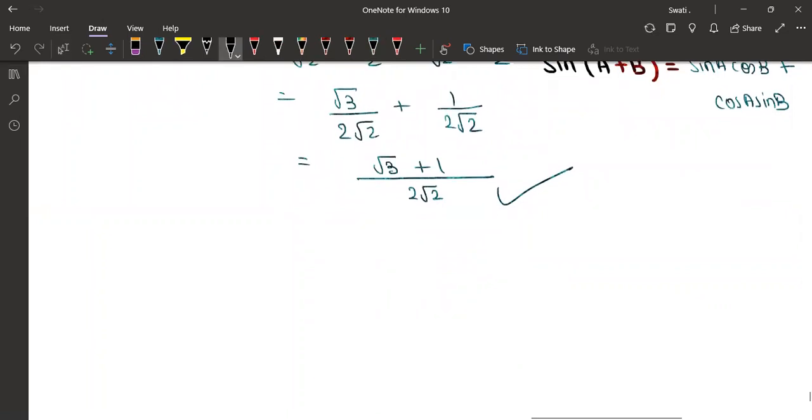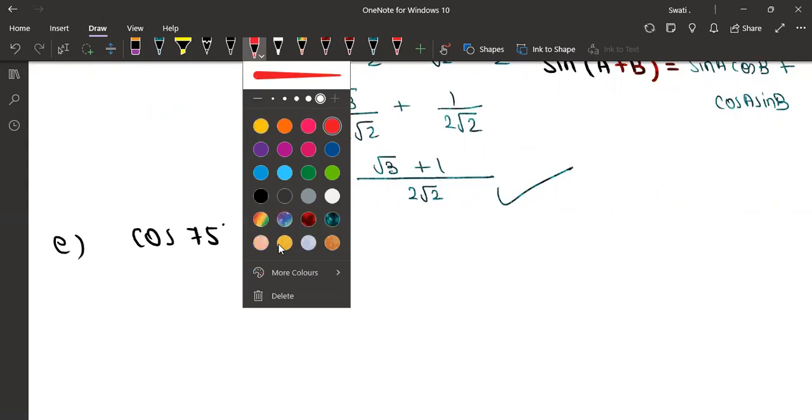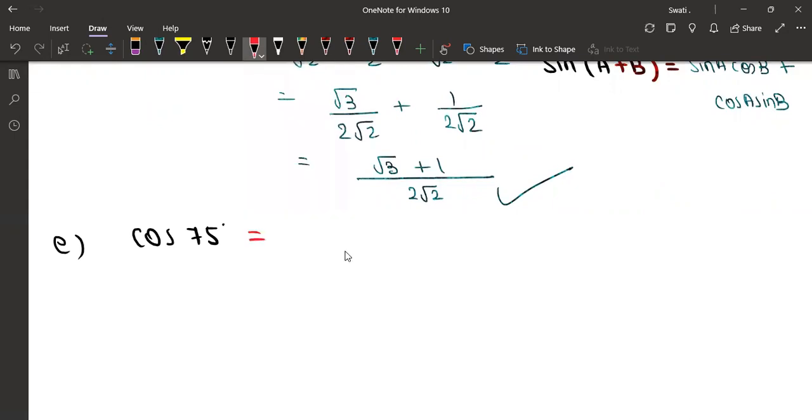Okay, now we can go to the fifth one, that is E, and that is cos 75. Okay, so for cos 75, of course we can write down cos 75 as cos again 45 plus 30.